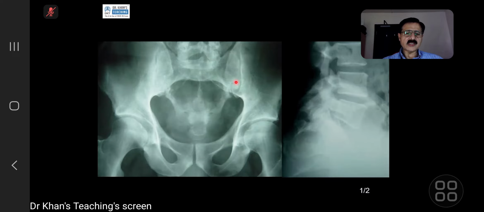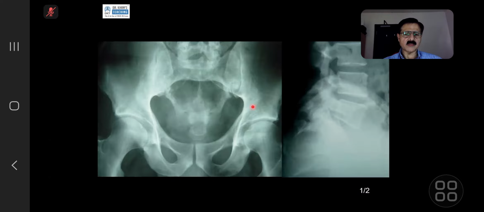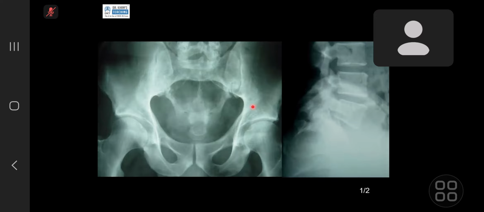Now, just to make a point, in this case there is a lytic lesion in the sacrum. And what is the differential? Top two for you: it could be metastasis versus multiple myeloma. You can also say plasmacytoma or multiple myeloma, or there is one tumor which occurs at the clivus and in the sacrum, the two ends of the notochord: chordoma.